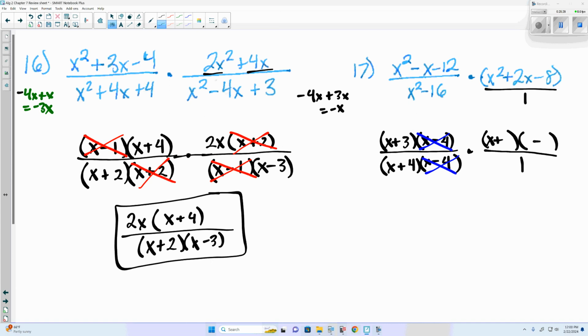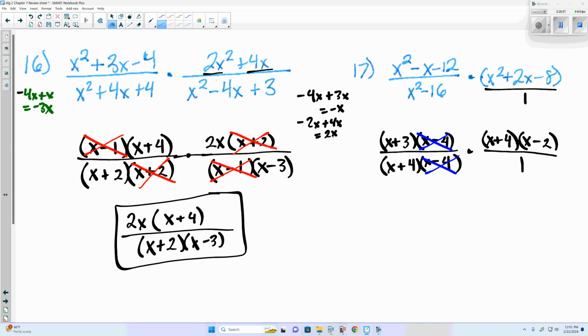The only factors of x squared are x and x. Factors of 8 are 1 and 8 or 2 and 4. 2 and 4, because we still could have something line up, yes? And that's with the 4 being positive and the 2 negative. If we check this here, we'd have negative 2x plus 4x giving us a positive 2x like we wanted.